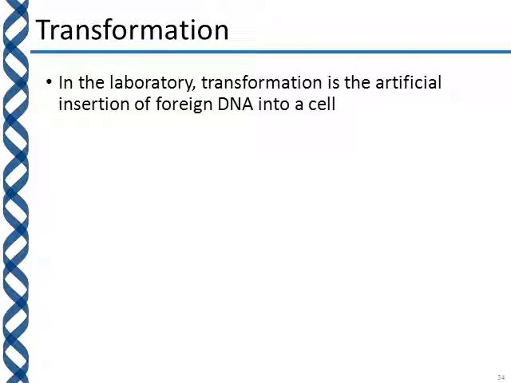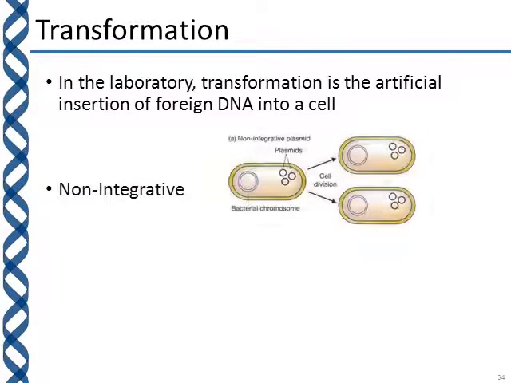In the laboratory, transformation is the artificial insertion of foreign DNA into a cell. There are two modes of this transformation. There is non-integrative. Here we show an example where a plasmid is taken up by a bacterium, and here we see the bacterial chromosome and the plasmids are separate within the bacterium.